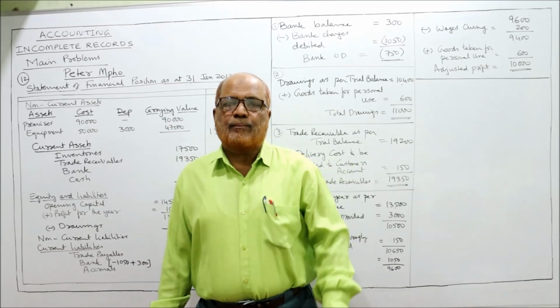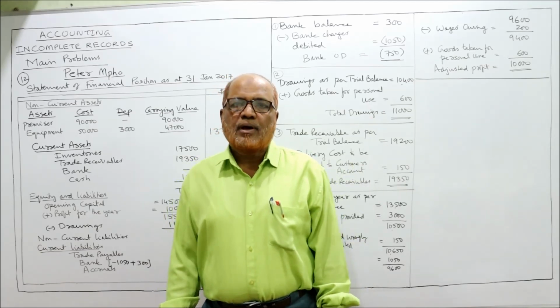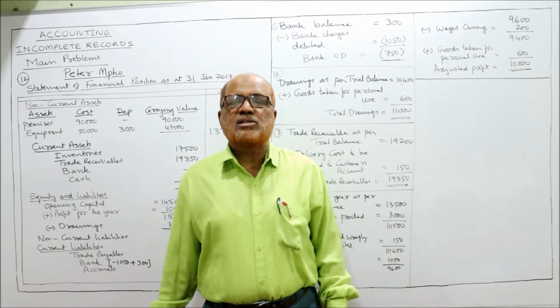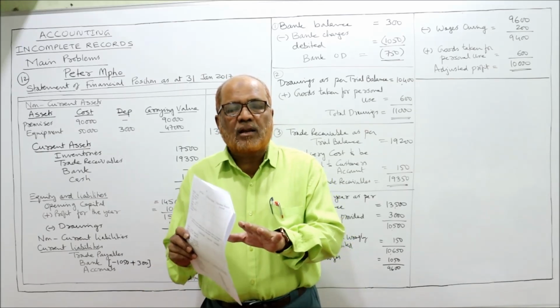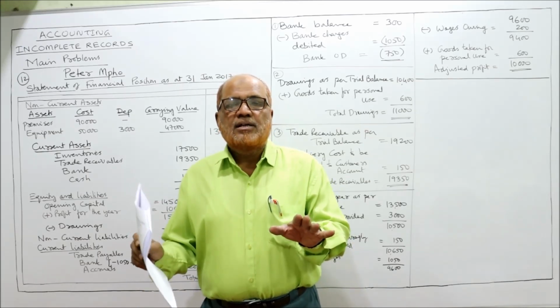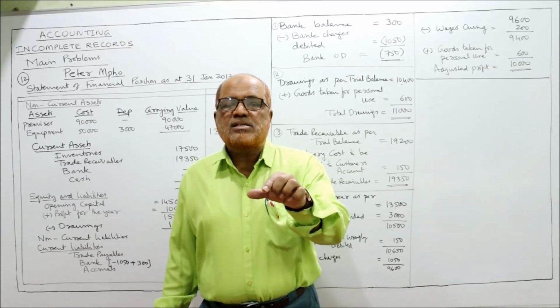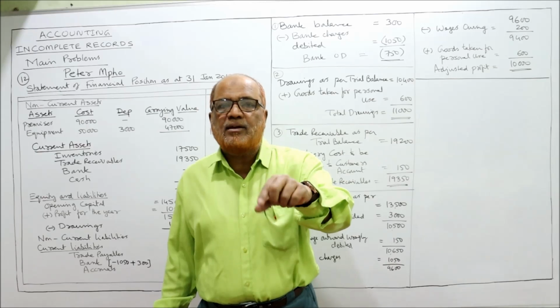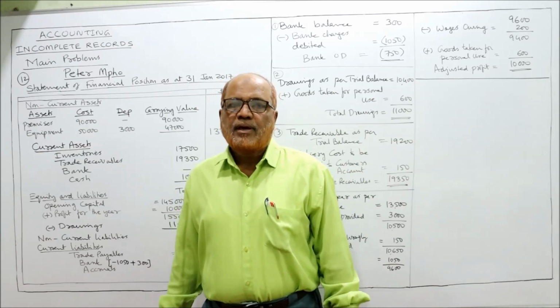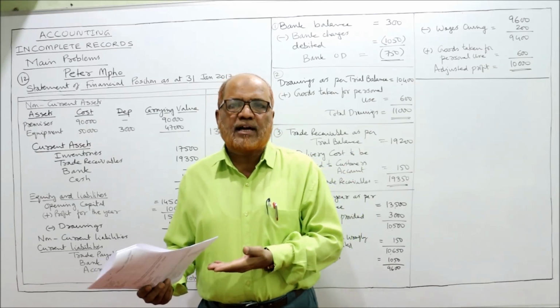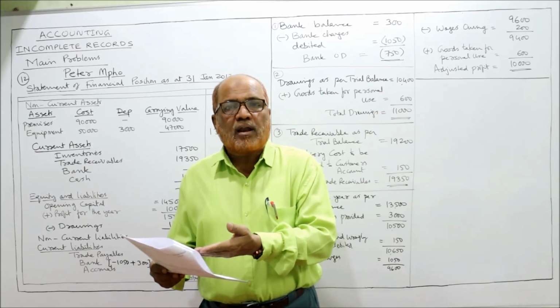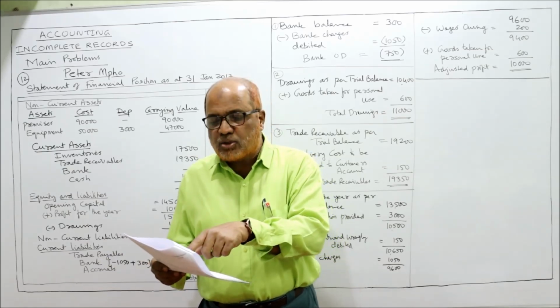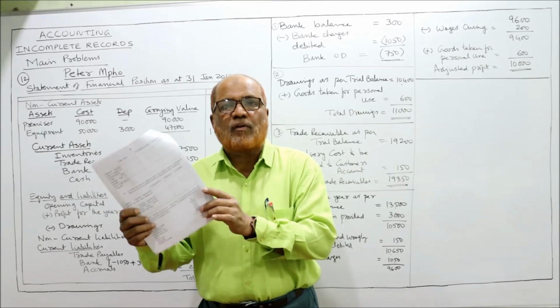Wages are owing, outstanding. According to the accrual system of accounting, we should take all expenses whether paid or owing. Here wages paid are already taken, but wages owing are not taken. So now we deduct $200 from the profit.